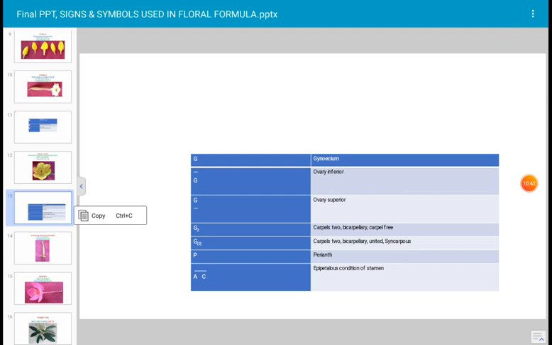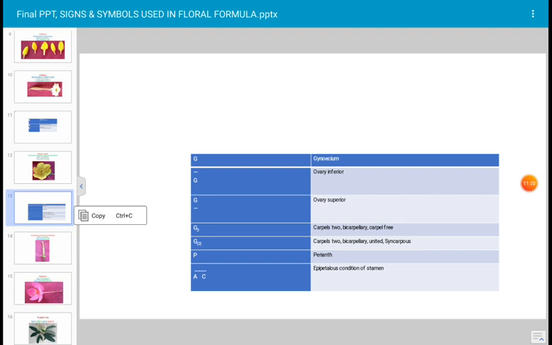If the carpels are united, it is syncarpous. In many plants the calyx and corolla are not easily differentiated. In such flowers the symbol capital P is used, that is perianth. Perianth consists of tepals, T-E-P-A-L-S.